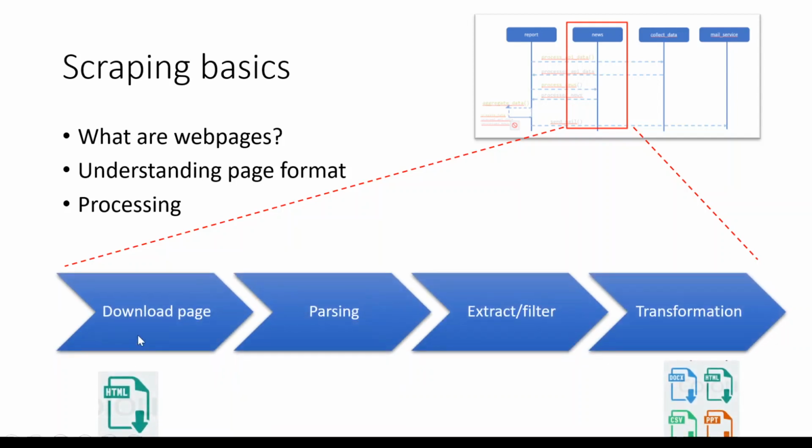We downloaded the page, parsed the page using Beautiful Soup, extracted and filtered, and then transformed it into a dictionary. Then you can in fact use that to generate other files if you have a different requirement. But for us that was the requirement, and we have successfully done that.